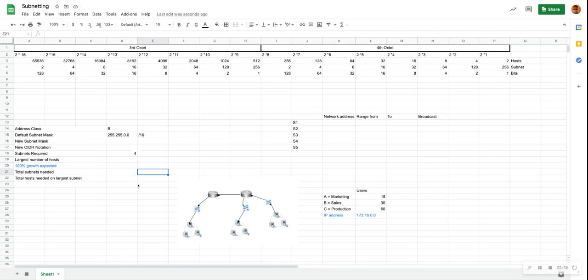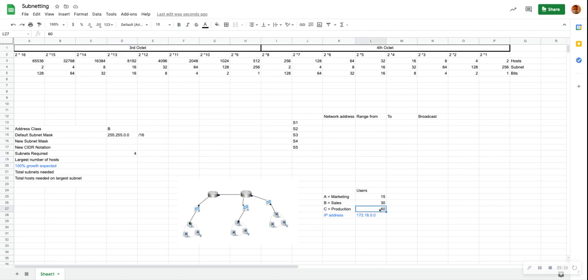Okay, so into the question that we're going to be answering now, we're going to start looking at total subnets needed. Again, it gets a bit complicated because the company that we're looking at here is expecting 100% growth. So all we need to do is double it, which makes it easier for us. Let's answer this one here: largest number of hosts.